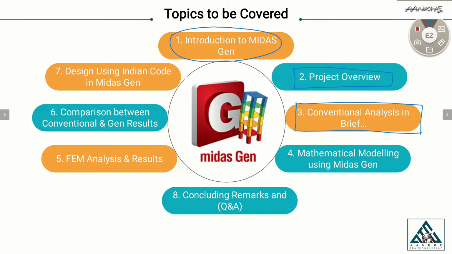What I'll show you is how to calculate the pile reactions using the rigid plate theory, or the conventional method, and assuming the pile cap as rigid, we'll get a detailed idea of the proper loading and how the pile reactions are distributed. And there we can also go for a comparison with the software. Then I will be jumping to the mathematical modeling using Gen.